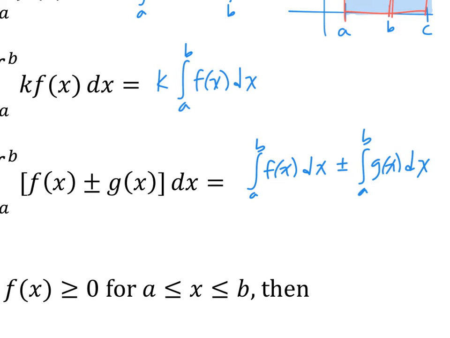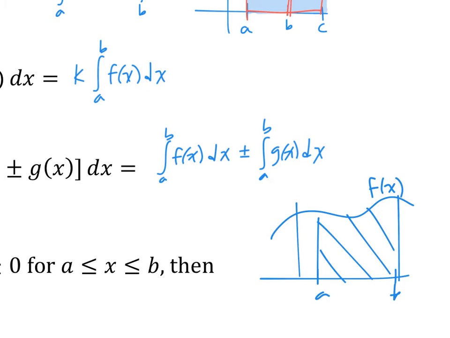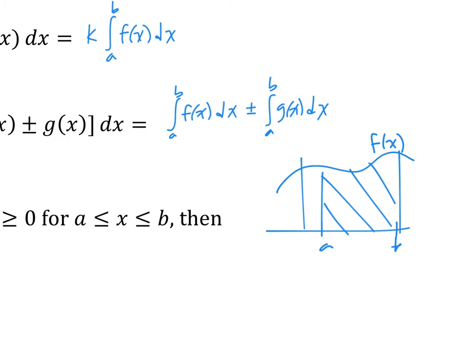And you're trying to integrate from a to b. It's never going to go below the x-axis. Then, since f of x is always positive, when you integrate, your area is also always going to be greater than or equal to 0.